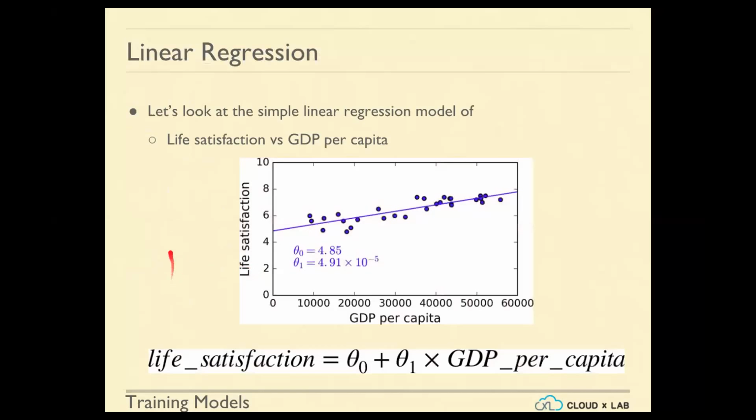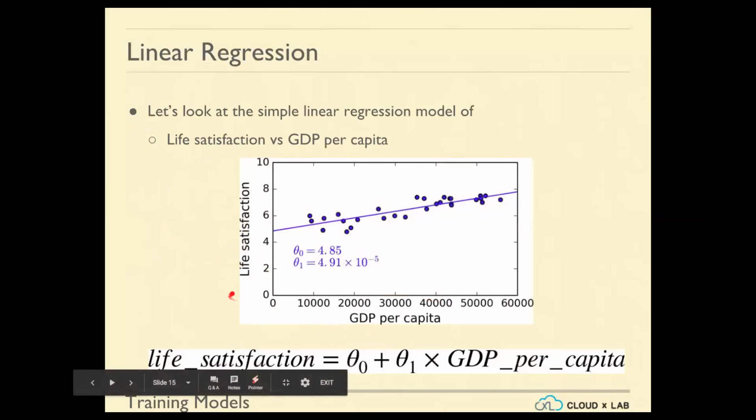So here is a very simple example where we have GDP per capita and life satisfaction. If we draw a line that goes through these points, the line will have some slope and some distance from the origin. That is the bias. You can say theta naught and theta 1.